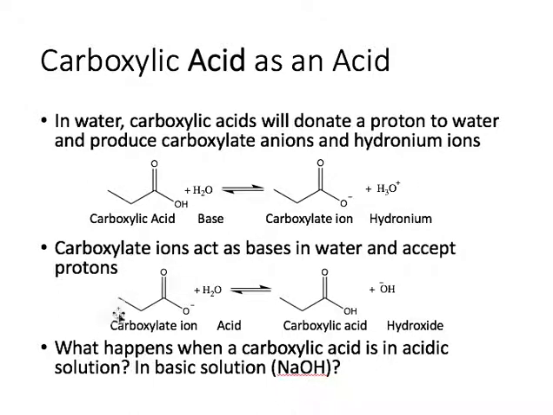If we take a carboxylate ion, which we have here, and we add it to water, it's going to have an equilibrium, which means there's going to be some carboxylate ion, some carboxylic acid, and some hydroxide. So the question is, what happens if we put an acid, like carboxylic acid, in a strongly basic solution?